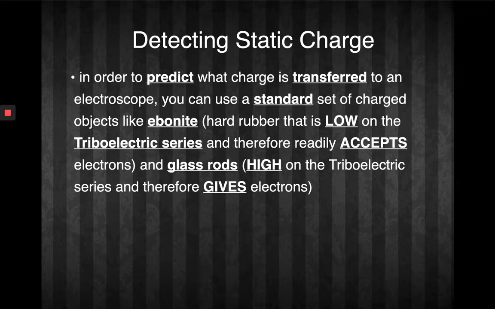So if our ebonite is readily accepting the electrons, that means that it will become negatively charged, and if our glass rod is giving away electrons, that means that it will become positively charged.